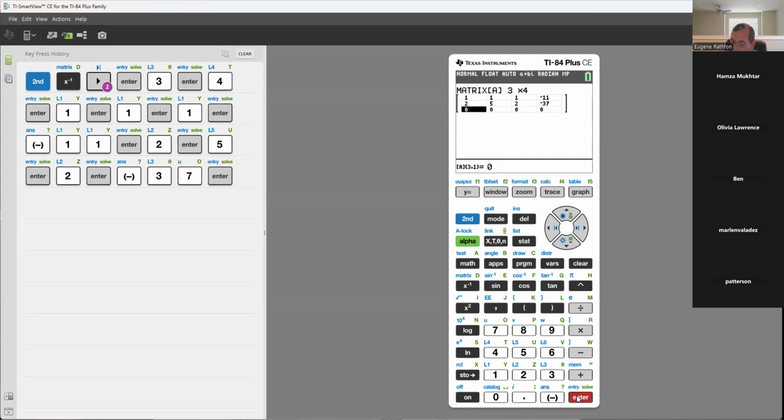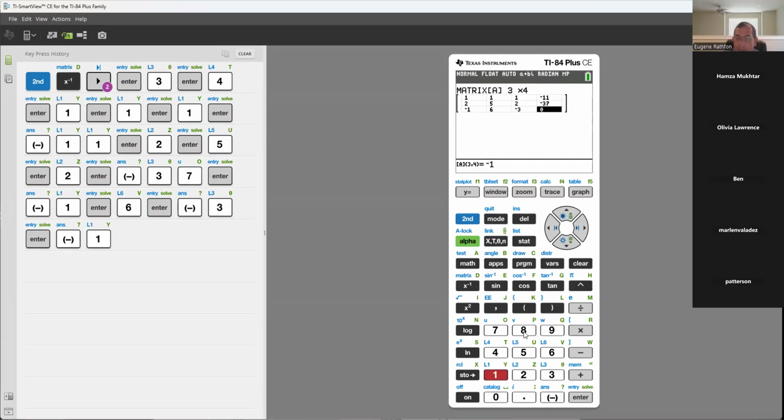Enter. The last row, you had a negative 1x, 6y, negative 3z, and that one equaled a negative 18. And enter. So enter after every number. We got that in. We're going to quit the screen.